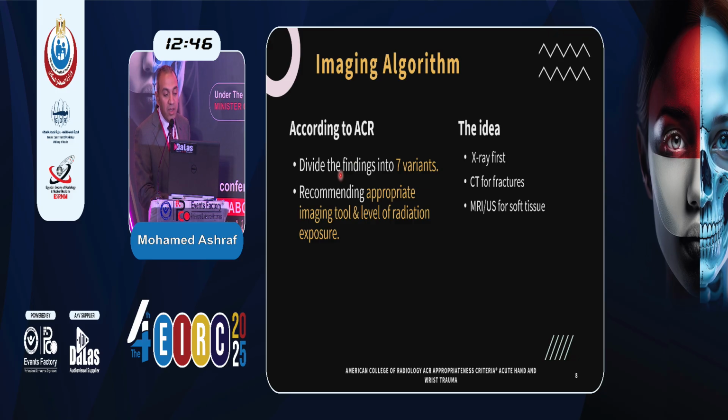It divides patients into 7 variants, recommending the appropriate imaging tool and mentioning its level of radiation exposure. Its main idea is to start with X-ray first, go for CT if you suspect fractures, and go for MRI and ultrasound if you suspect soft tissue trauma.